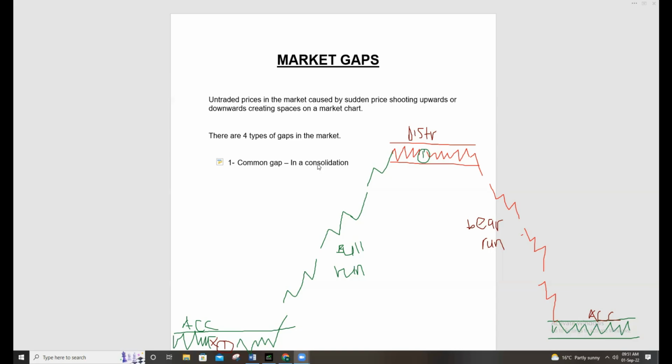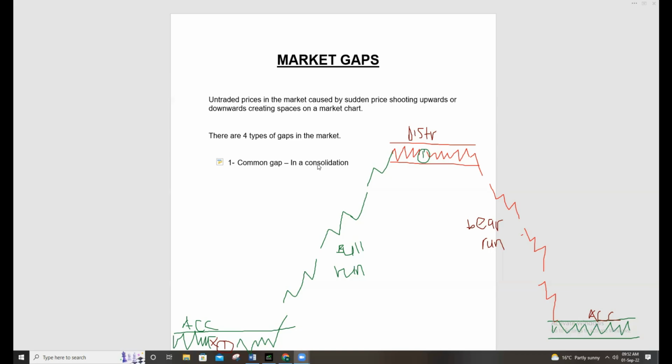On the consolidation, it's very easy to do the break and retest. So where do you think the market will retest? It will definitely retest on that gap. So once you have a gap, you can actually place your limit order or your stop there, because you know once there is a breakout, the market will retest that gap or try to fill it up, and you can have those sniper entries and then you can join the new run.